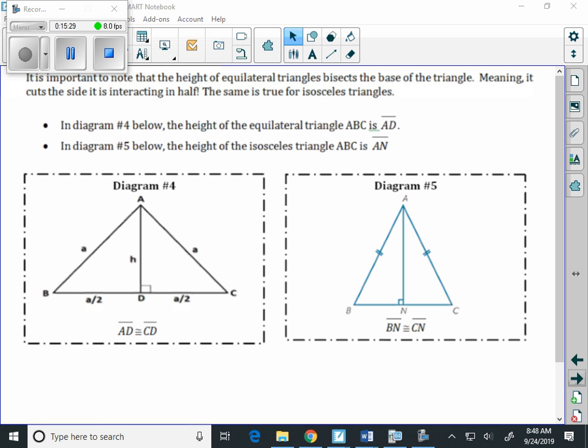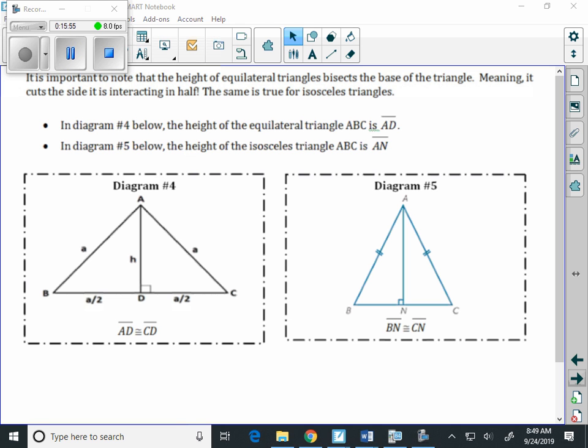So if we look at diagram 4 here, triangle ABC is an equilateral triangle. The height is going to cut side BC in half. So each part there is half. But it bisects. It cuts in half that other side.